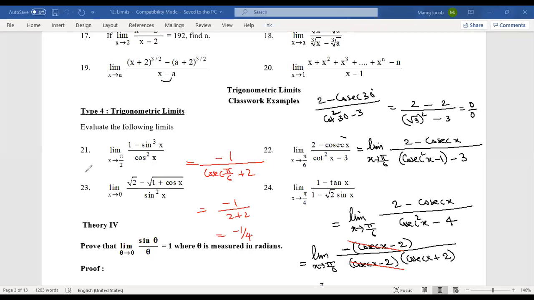Now please copy down question 23. I'm going to change the screen and take it to my whiteboard. So please copy that question. I hope all of you have completed question number 22.